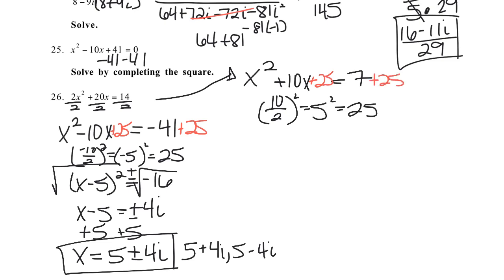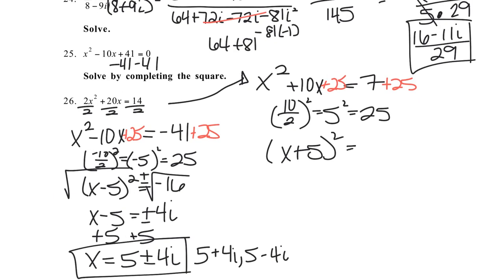And we get x plus 5 squared equals 32. And then I can take the square root, plus or minus the square root.